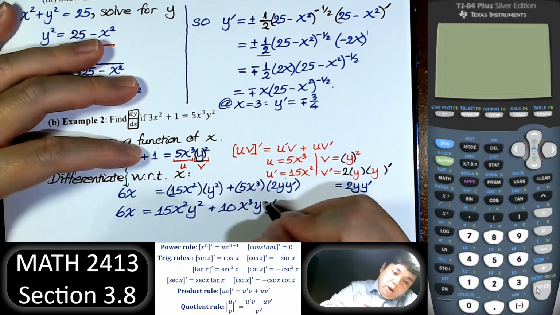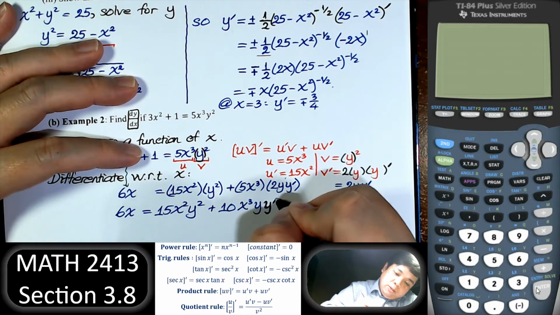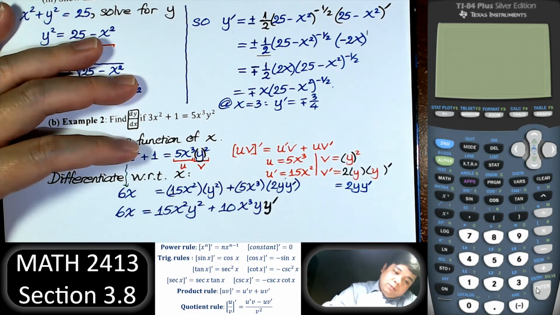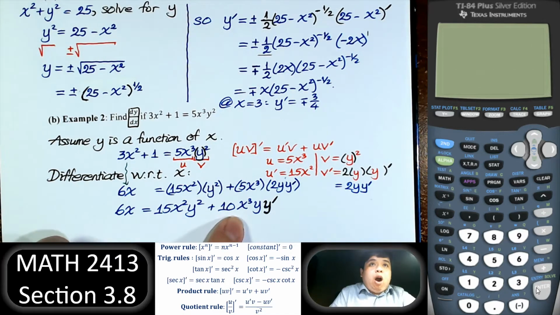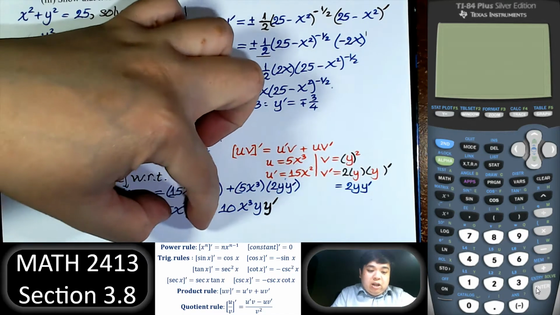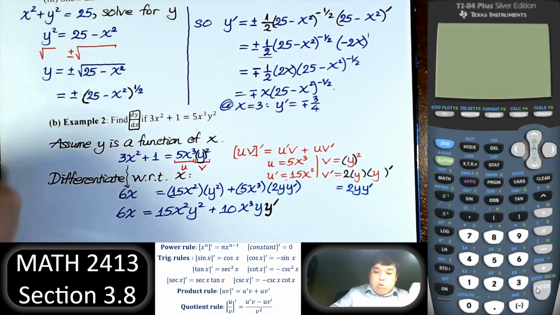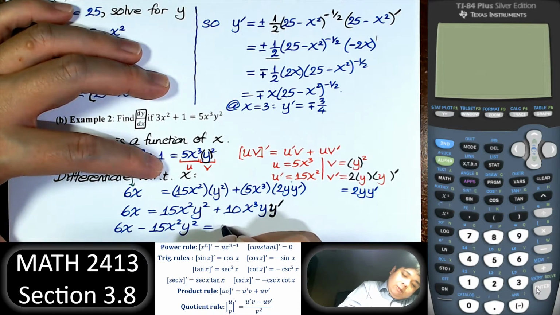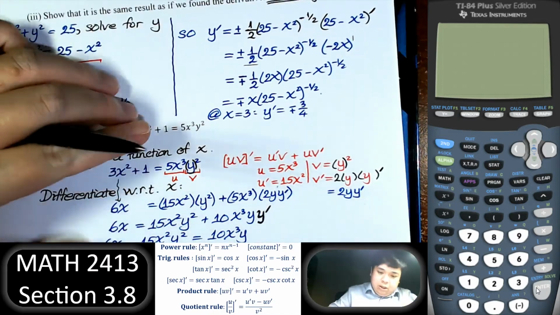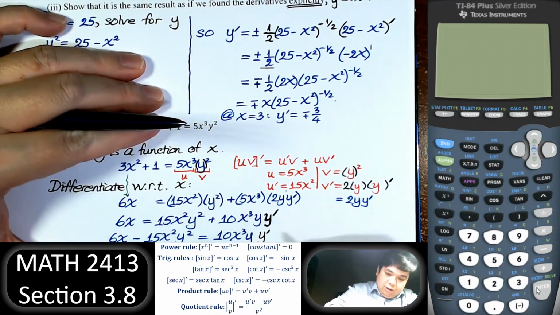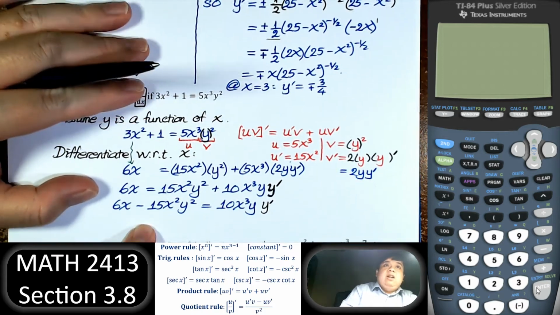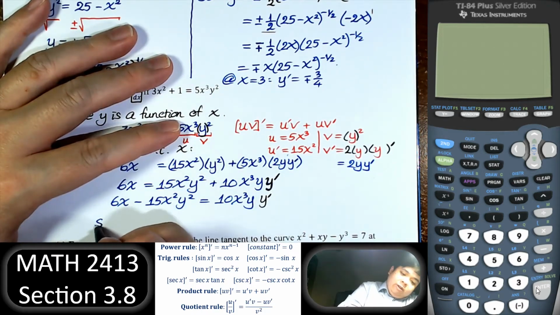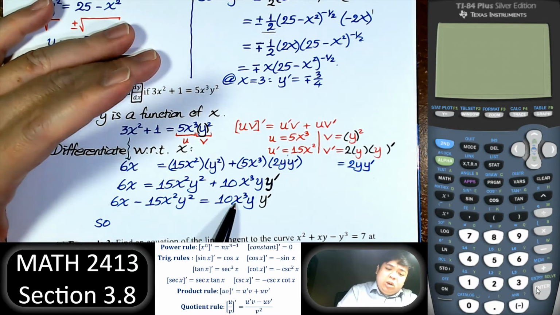And of course we solve for y prime. Try to get y prime by itself. This is the plus, so I will take the 15x squared minus 15x squared y squared to the other side. And then divide that down the denominator. So I will have, of course, since all of them have x, we can cancel out an x.